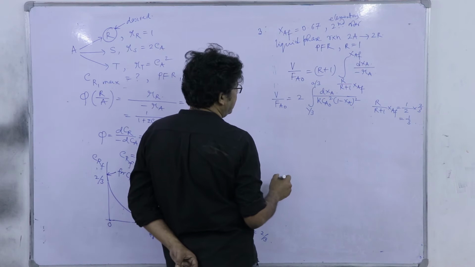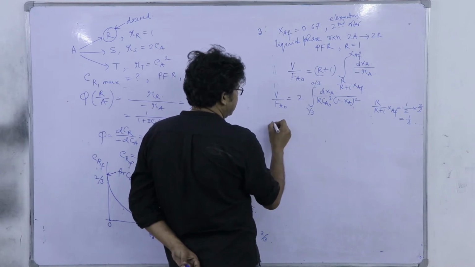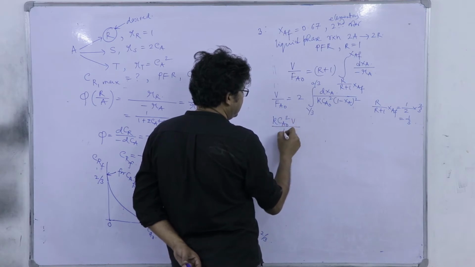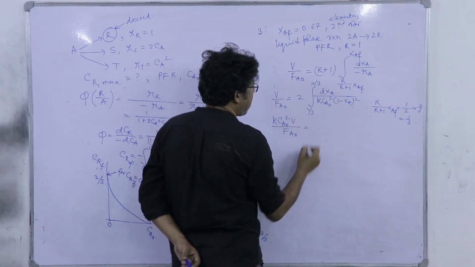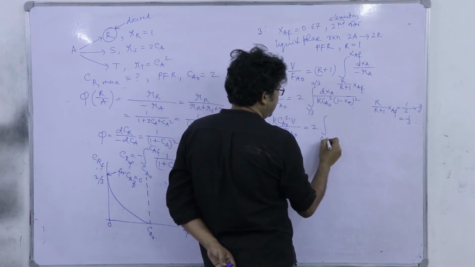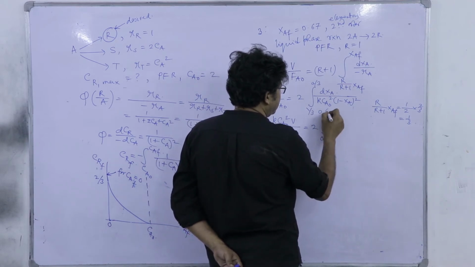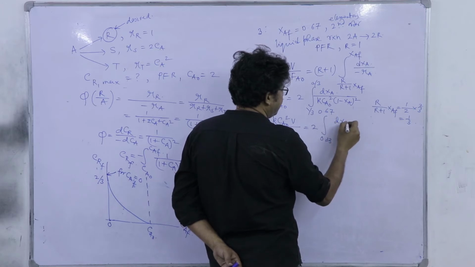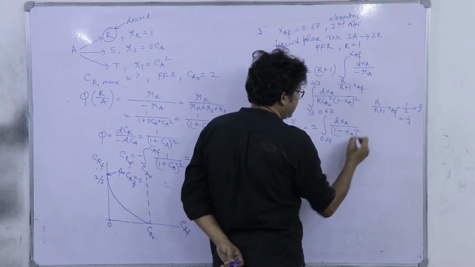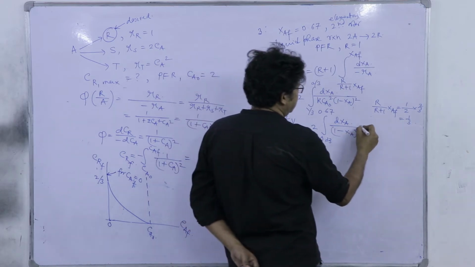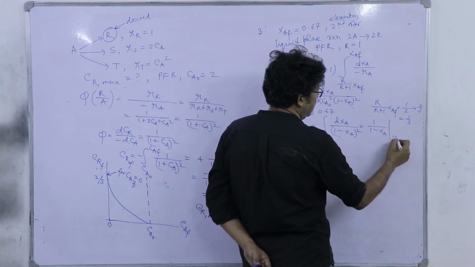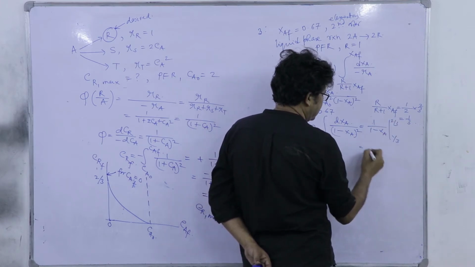So, we have this K Ca naught square V by Fa naught equal to the integral from 0.33 to 0.67 of dXA by 1 minus XA whole square. Right. So, this is 1 divided by 1 minus XA, between 1/3 and 2/3.